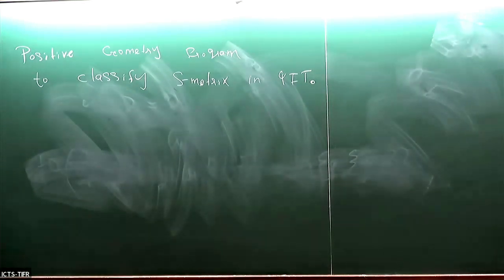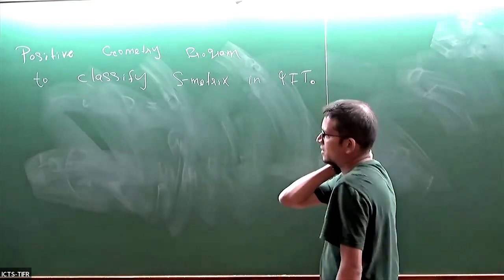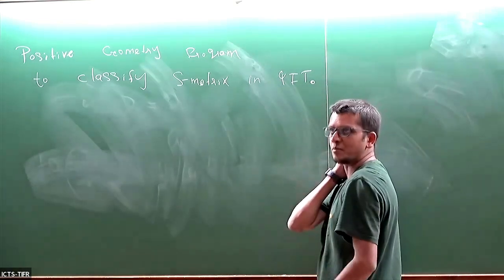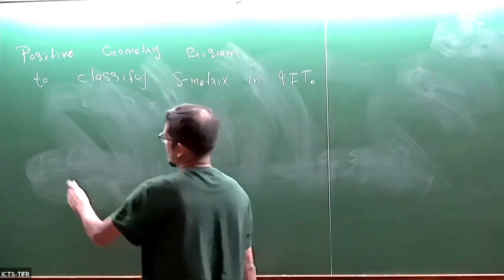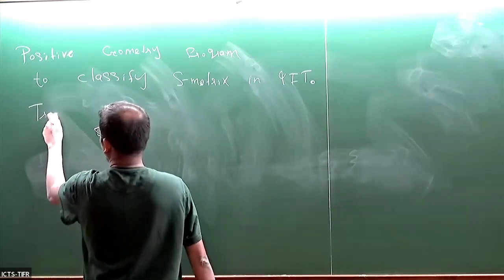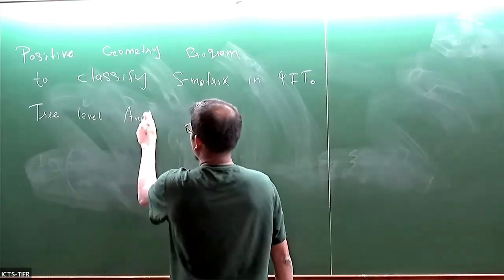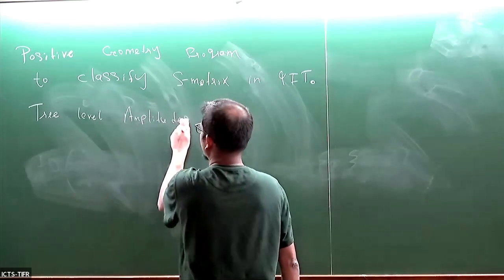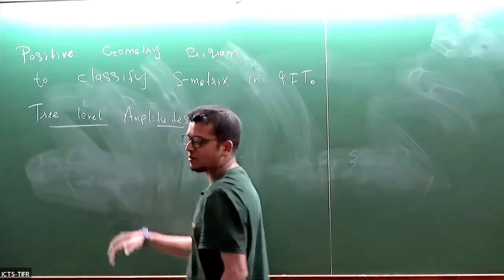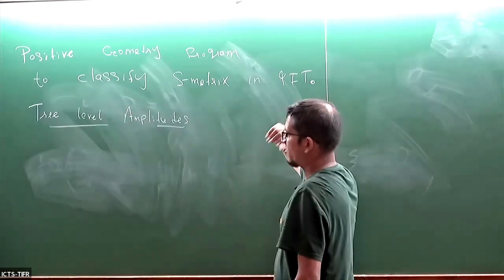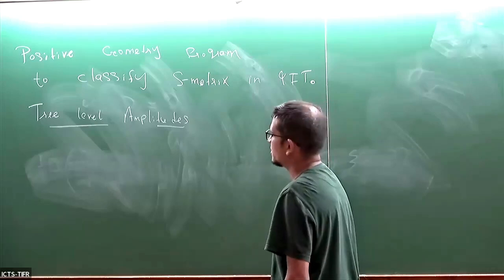So in the last 20 years, we have learned many different ways to compute amplitudes. Let me give a few examples. Even for tree level amplitudes, which is like the very bare bone thing from the perspective of ordinary quantum field theory, we have far more efficient ways than Feynman diagrams to compute these amplitudes.